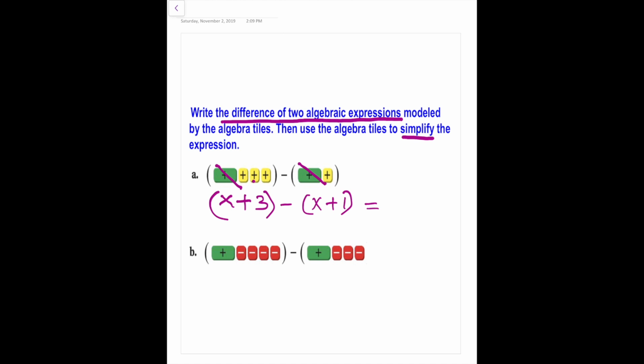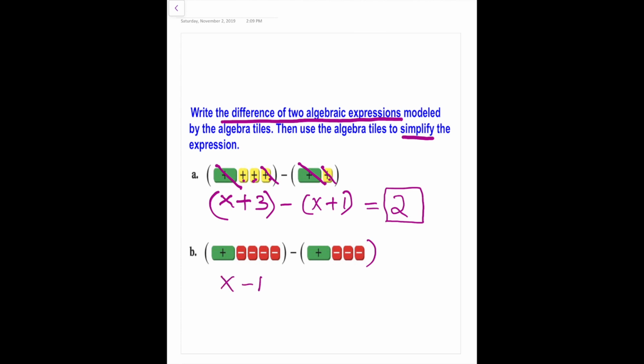There is no x. And from 3 numbers, 1, 2, 3 positive ones, I'm taking away 1 positive. So I have only 2 positives left. So the answer is 2. Just 2. There is no variable because I had only one variable and we took away that variable.